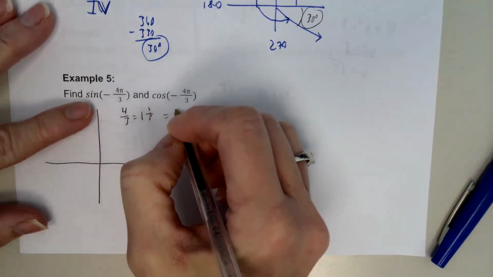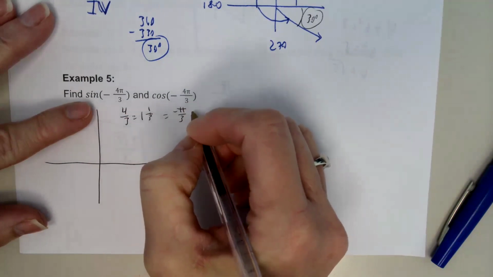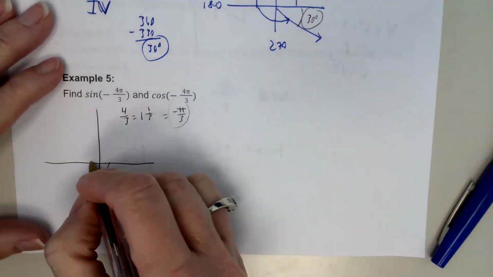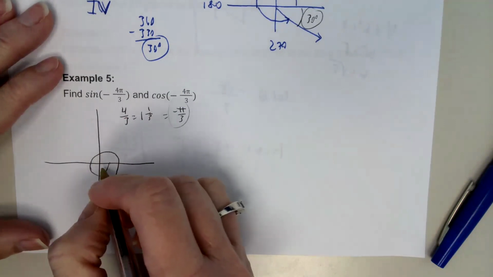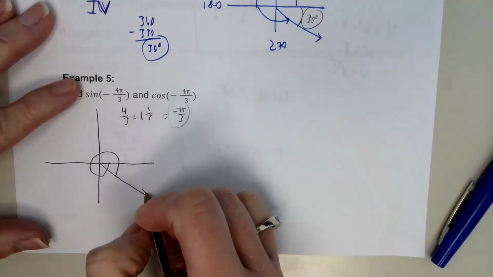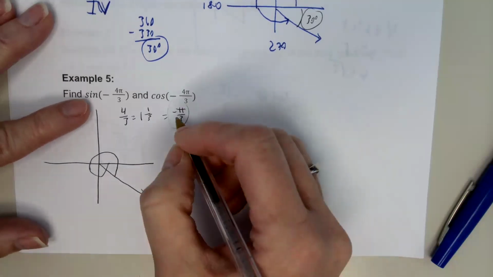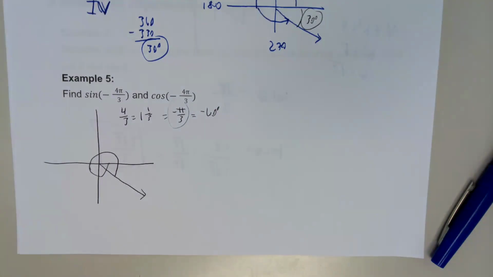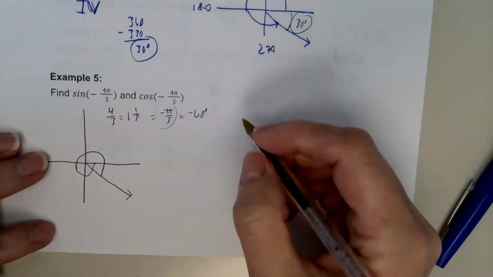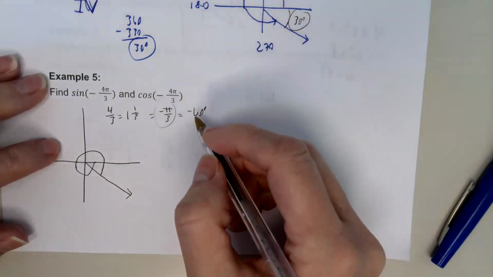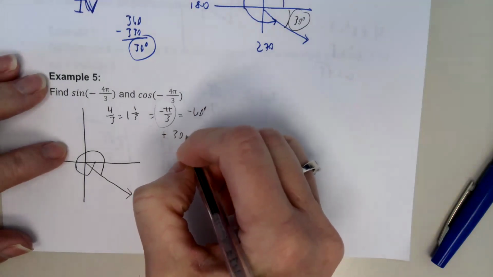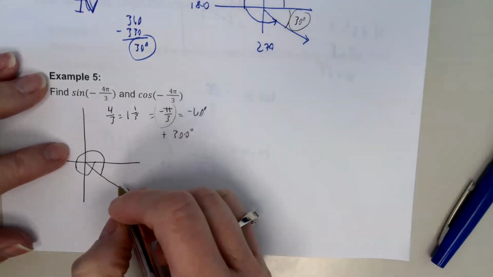So that really means at a negative pi over 3 is what we're looking at, because we're going to go all the way around once and then again a third of the way. So pi over 3 is the same as a negative 60 degrees. And so a negative 60 degrees is also the same as a positive 300 degrees.